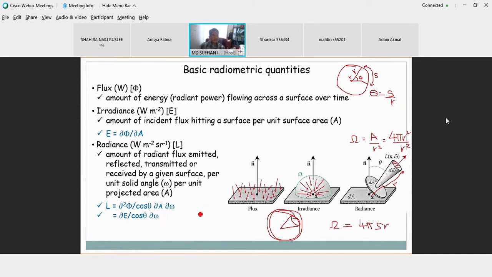That one is a difference between irradiance and radiance. Radiance bermaksud dia transmit ataupun dia emit from the source. Kalau irradiance bermaksud bahawa incident flux tu dia boleh datang dari pelbagai arah ataupun kita panggil sebagai isotropic per unit area. Isotropic light per unit area. That one is irradiance.